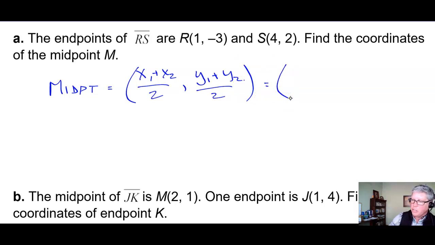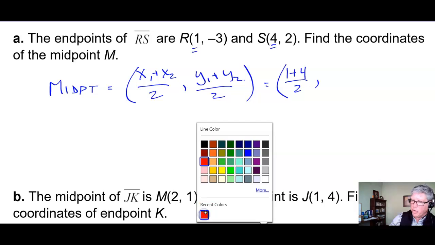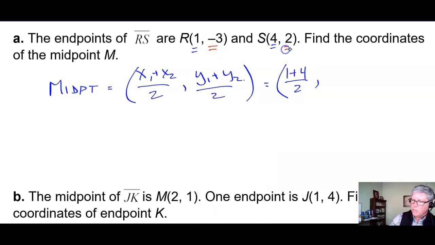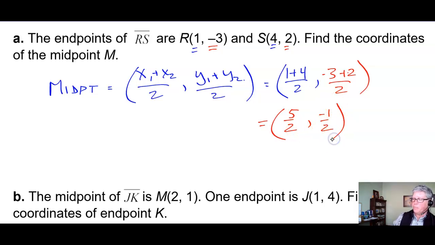So take the x's, 1 plus 4 over 2, and we take the y's, negative 3 plus 2 over 2, and just work it out. That's going to be 5 over 2, and that's going to be negative 1 over 2. There you go. So if I graph that, that would be exactly in the middle of points R and S. All right.